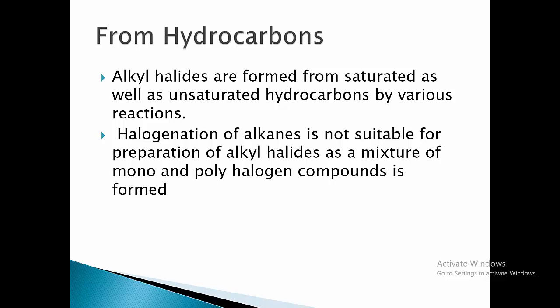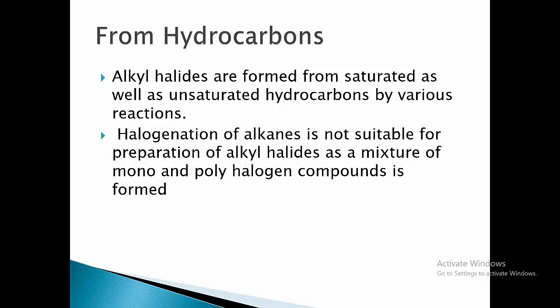Here, last year we saw the halogenation of alkanes, in which when alkanes are reacted with a halogen molecule in presence of ultraviolet rays or in presence of aluminum bromide, formation of haloalkanes takes place.